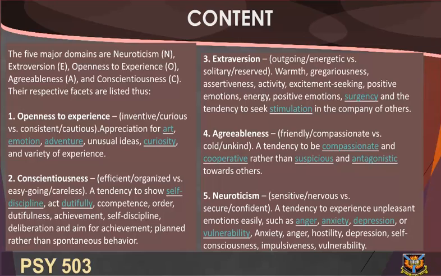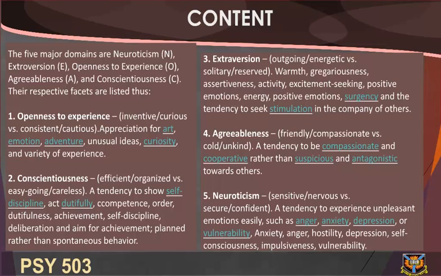A tendency to be compassionate and cooperative rather than suspicious and antagonistic towards others. 5. Neuroticism, sensitive and nervous versus secure and confident. A tendency to experience unpleasant emotions easily, such as anger, anxiety, depression, or vulnerability.